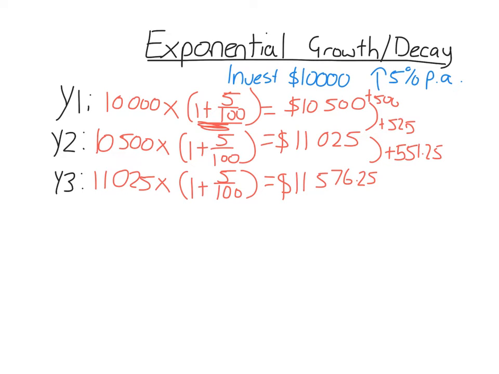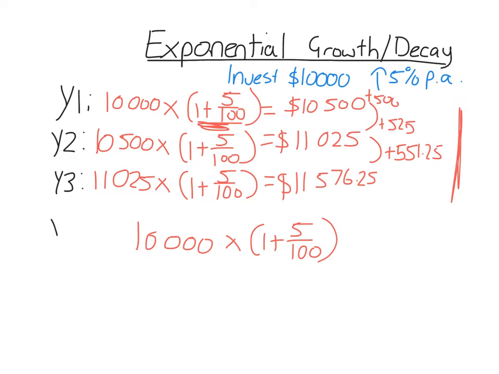Now, if I wanted to find how much money I'd have after 20 years, I don't want to go and do all these calculations. That would take forever. Note what I'm doing is I'm taking my original amount and I'm just increasing it by 5% in this case. And the number of years for which I've invested it is the number of increases. It's the number of times I increase by 5%.